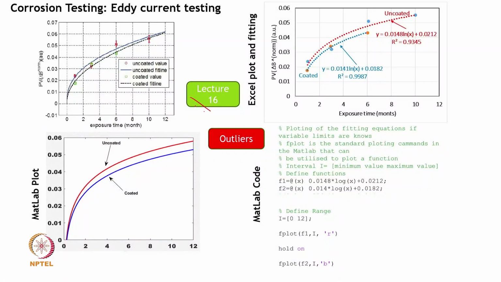Now I picked up this slide from lecture 16, where the corrosion testing results were presented using eddy current testing and such. You can see that they have coated and uncoated values, and they have also used curve fit lines. The data have been given to us, that means 4 data for the uncoated case and 3 data for the coated case.